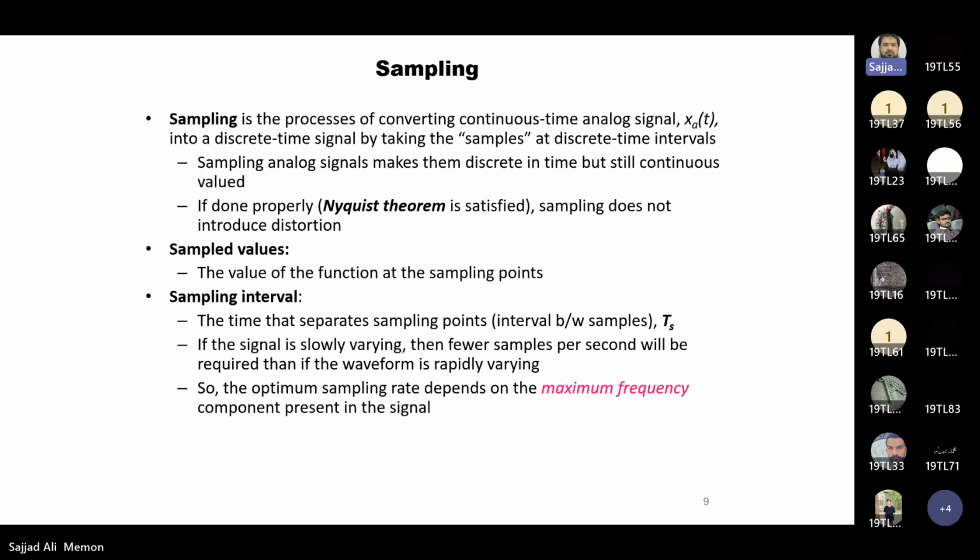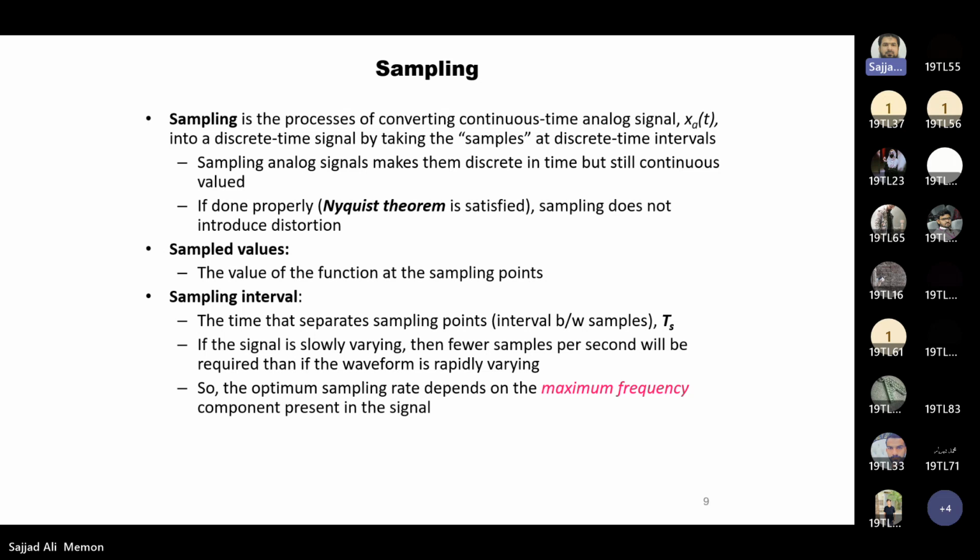And if done properly, that is, Nyquist theorem is satisfied, sampling does not introduce distortion. The value of the function at the sampling points, that is called sampled values, and sampling interval, that is the time that separates sampling points, interval between samples, T of S.